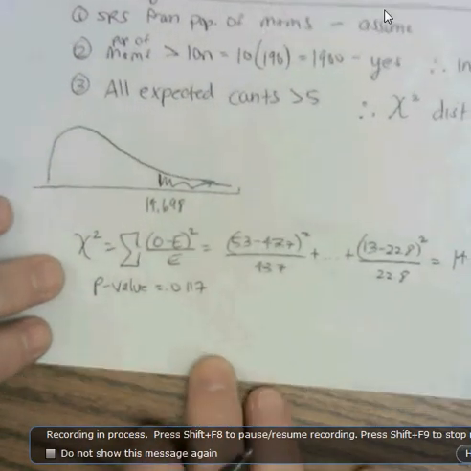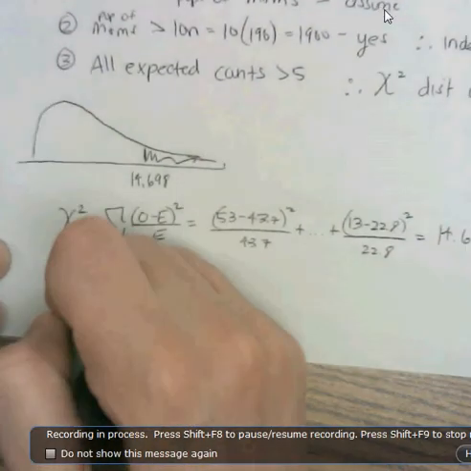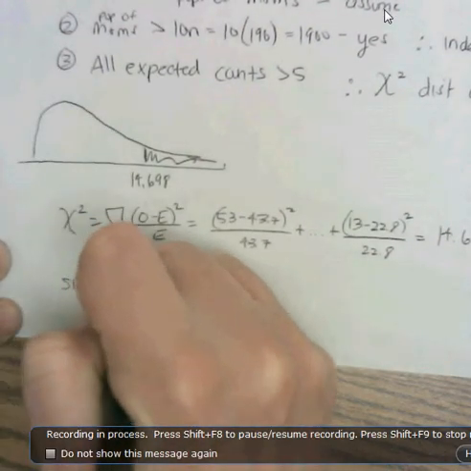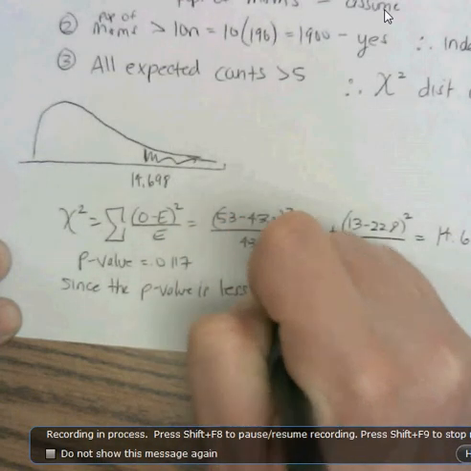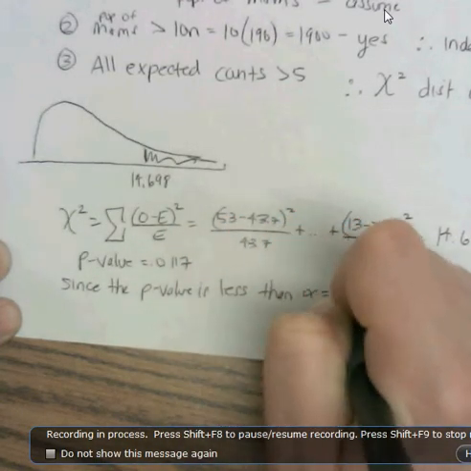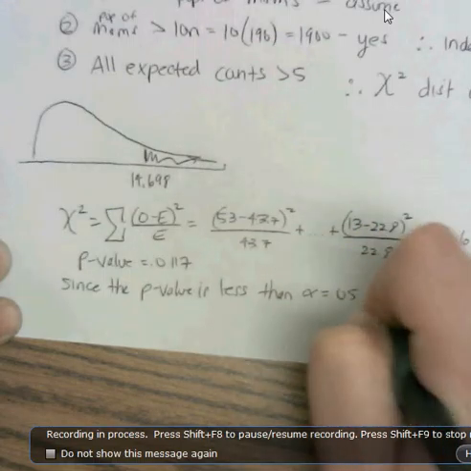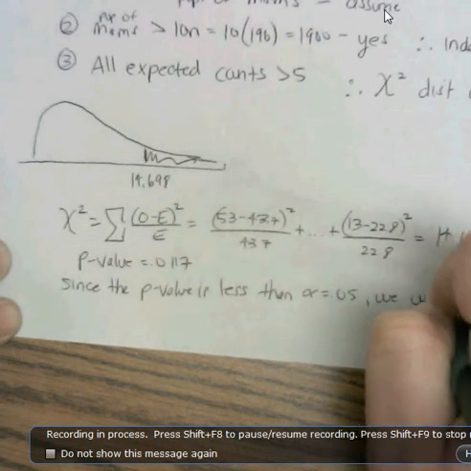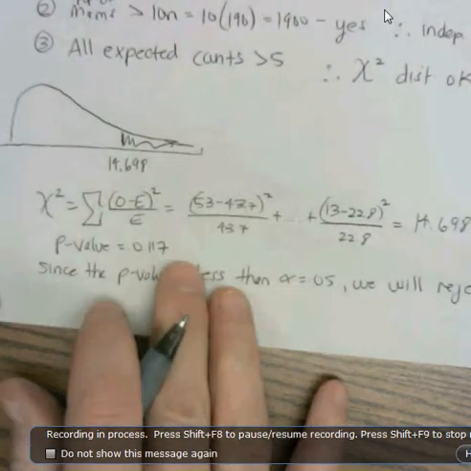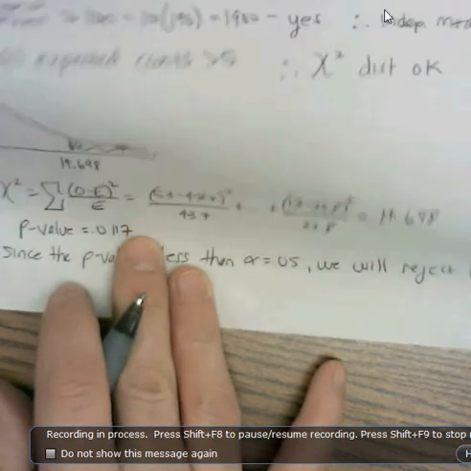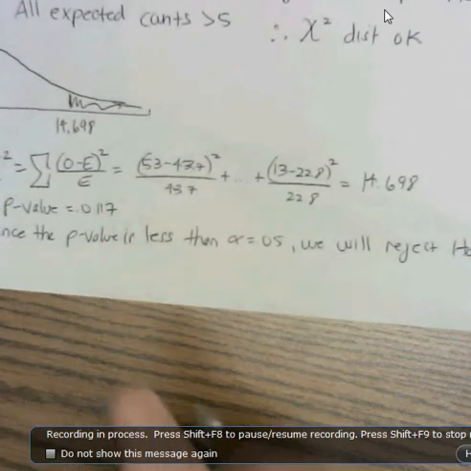Okay, and I'm going to finish this up. So since the p-value is less than alpha equals 0.05, we will reject H0.